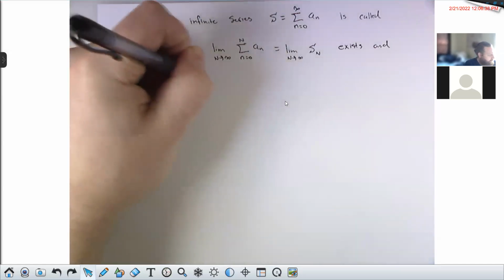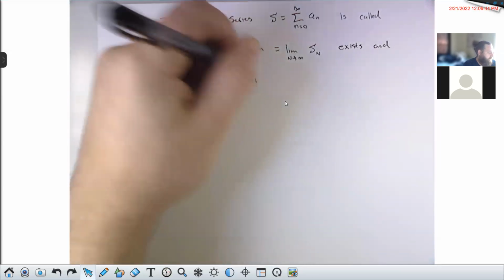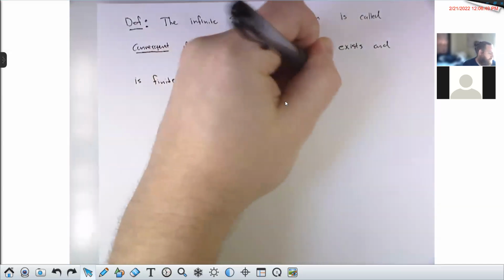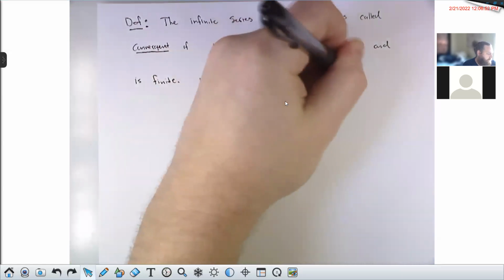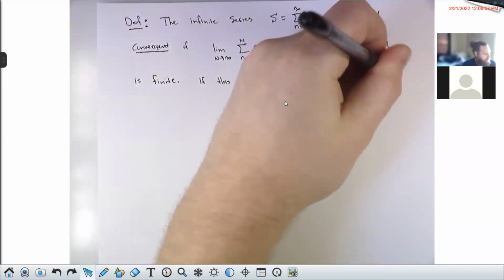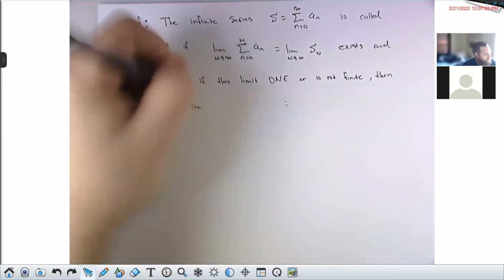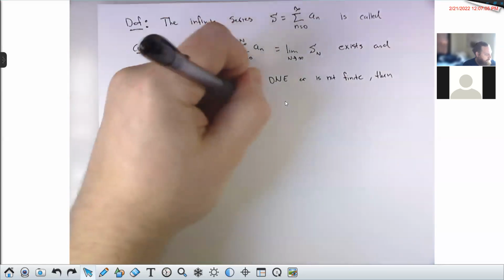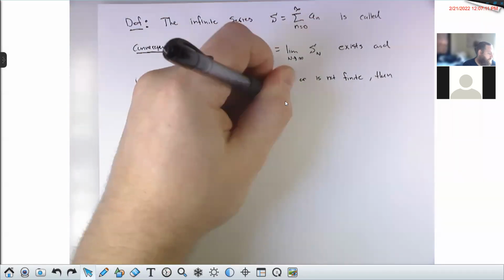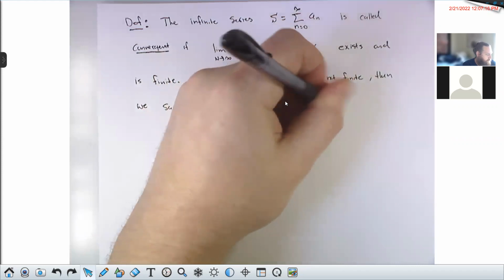If this limit either does not exist or is not finite, that is, it comes out to infinity or negative infinity, then we say the series S equals sigma n from 0 or wherever to infinity of an diverges.